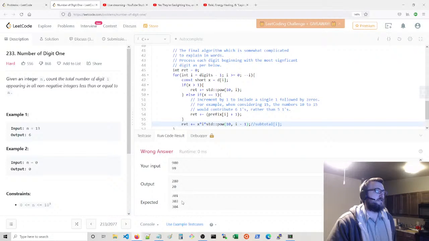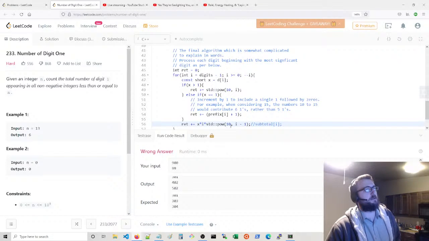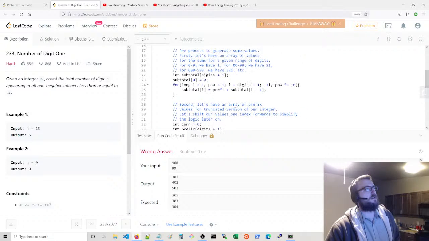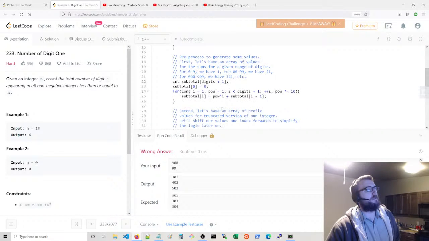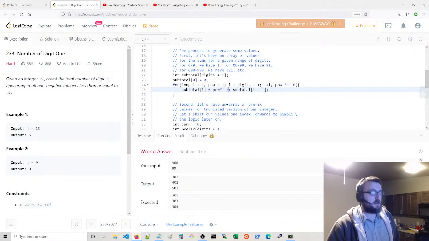Oh yeah, there we go. That's more what it's supposed to be. It's a little bit closer, but yeah, maybe the subtotal doesn't need to be this anymore. I mean, we could just exclude this altogether. Just pow times I.